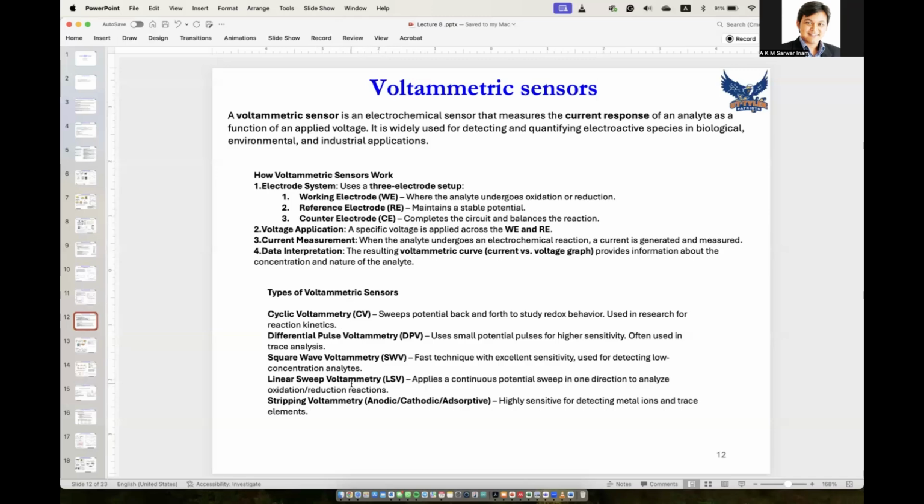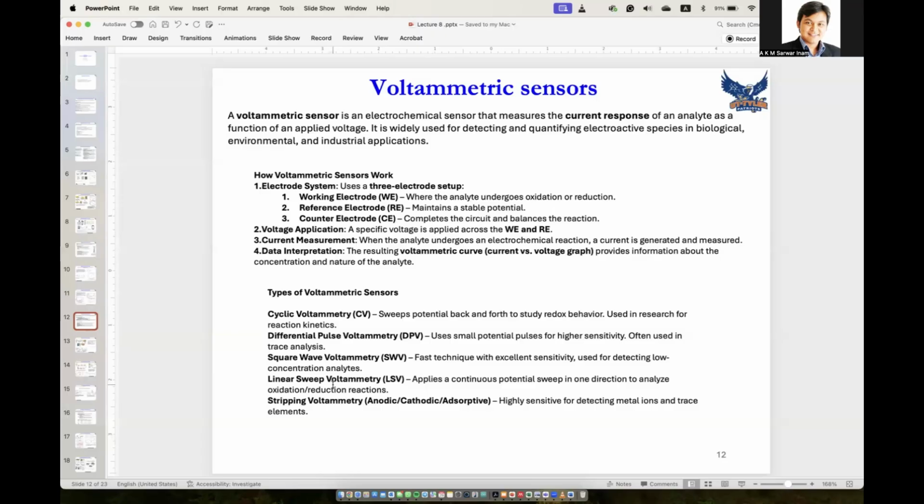And we can talk a little about linear sweep voltammetry. Here a linearly increasing potential is applied to a working electrode while measuring the resulting current response. So it's linear, it's not the going-and-coming-back type.